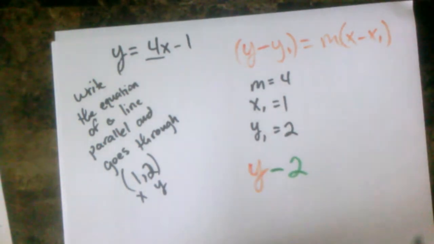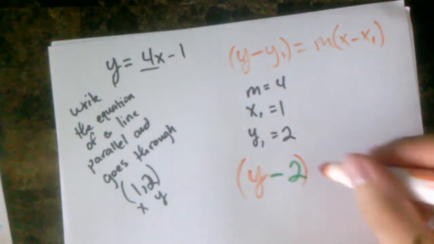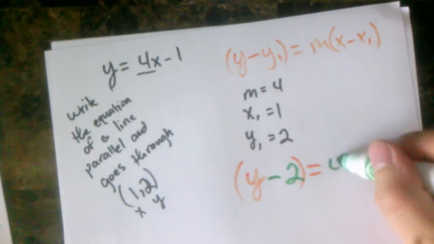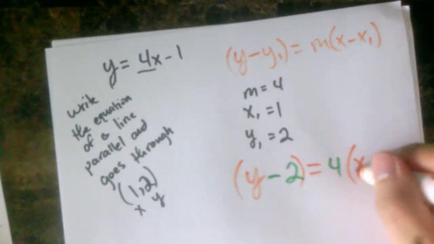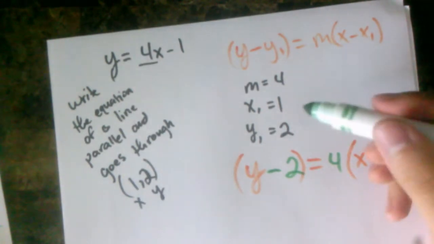You can put this in parentheses if you want, it doesn't really make a difference, but we'll put it in parentheses because it was in the original equation, equals m, but we're going to replace m, and we wrote m right there, times x minus x1. So our x1 we also wrote right here, and we said it was 1.